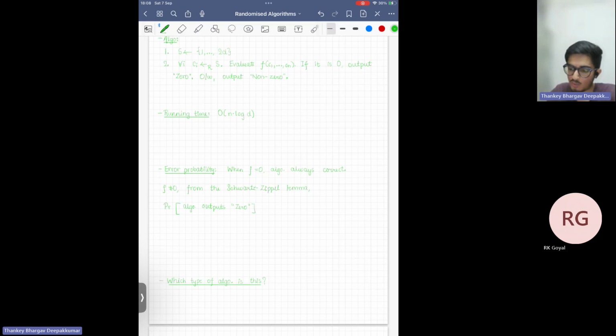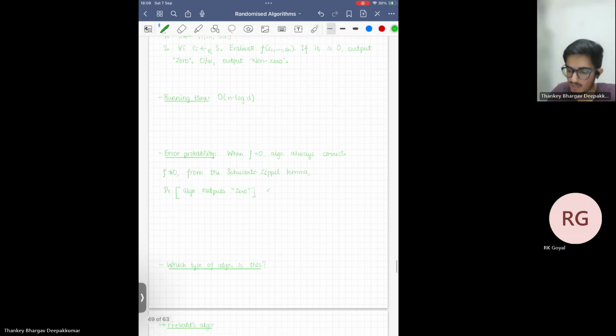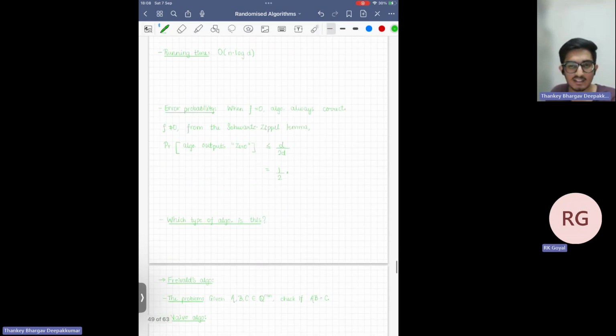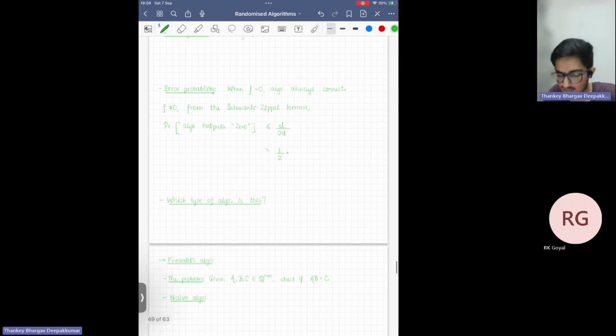The algorithm outputs 0 if and only if at a random point the polynomial evaluates to zero, which happens with probability at most d over size of S. Size of S over here is 2d, right? Is this fine? And again, this is a one-sided error Monte Carlo algorithm.